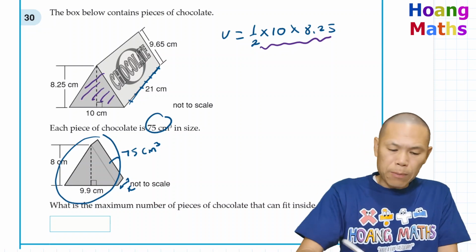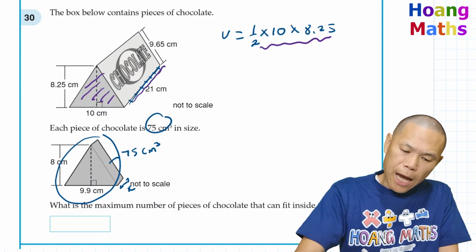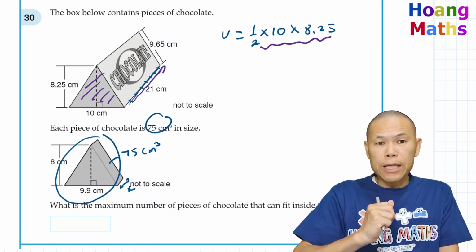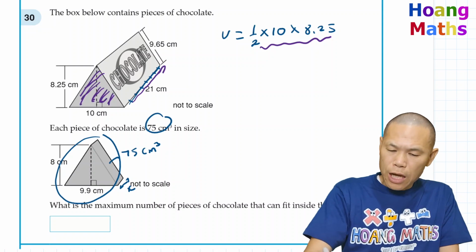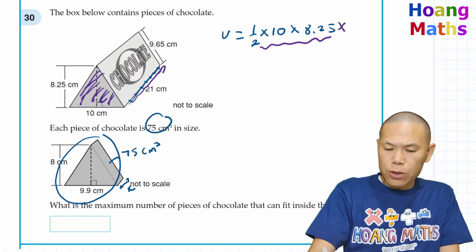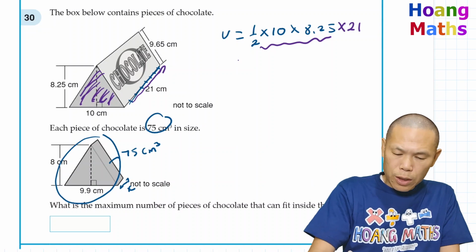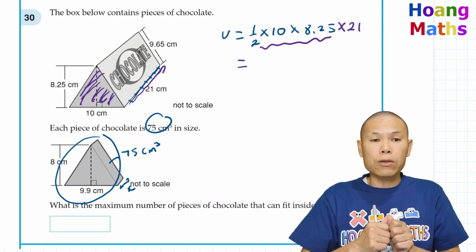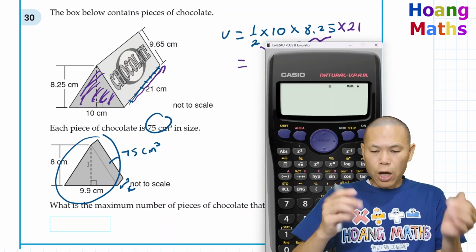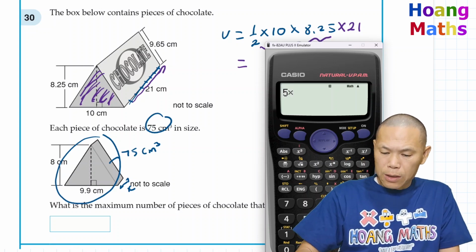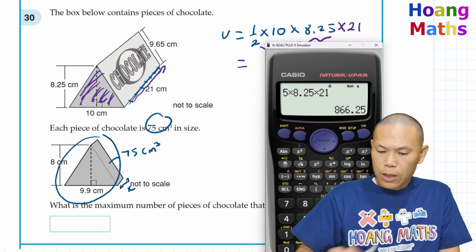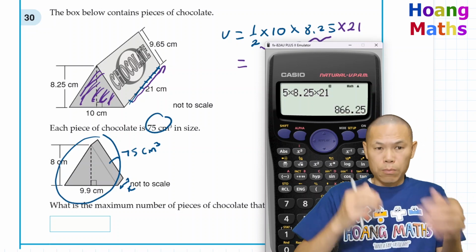And then we need to times the perpendicular height, that is 21, because volume is area times height. I just put it on a calculator to find the volume first. Half of 10 is 5, and we times 8.25, and we times 21. So that is the volume of this block here.